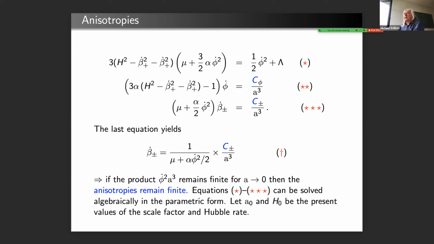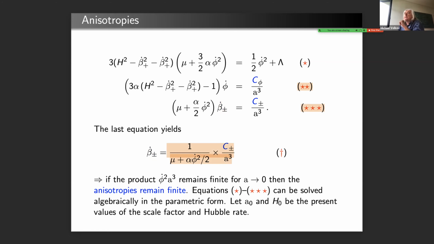And now the second factor becomes infinite where a approaches 0. But it's possible that this phi dot approaches infinity as well, in such a way that the product stays constant or even vanishes.